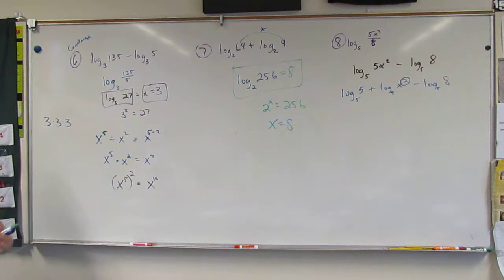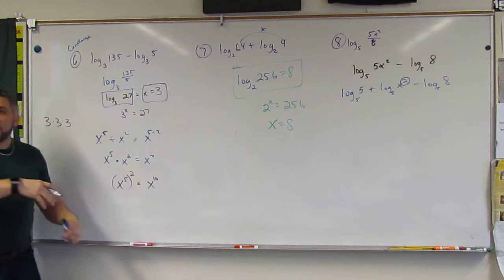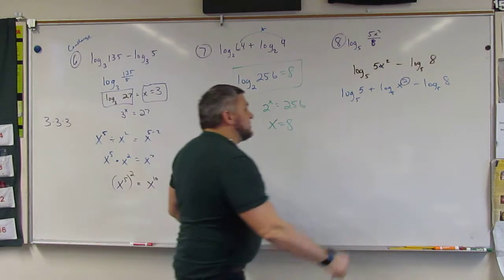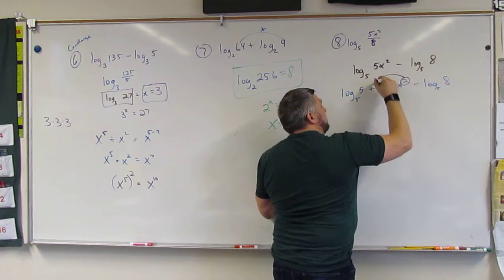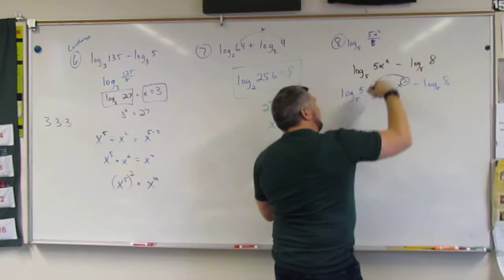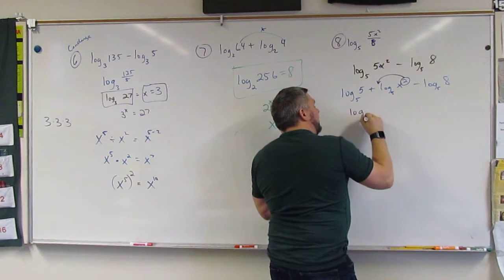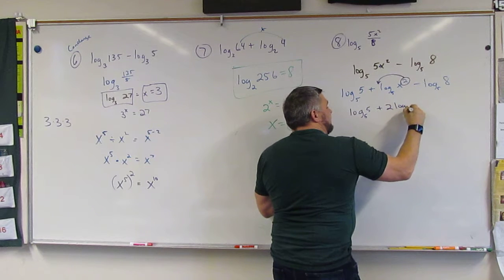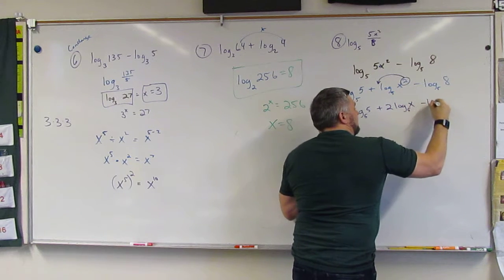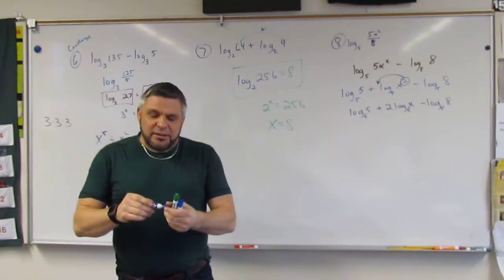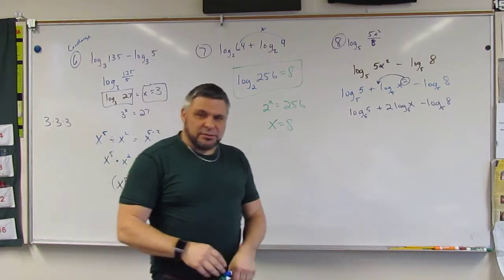So we multiply, right? So when we have a power of a power, we multiply. So that's going to come out in front. So it's going to be log base 5 of 5 plus 2 log base 5 of x minus log base 5 of 8.